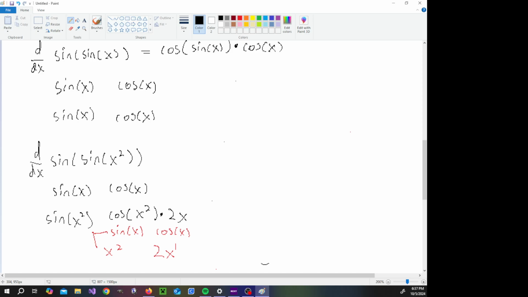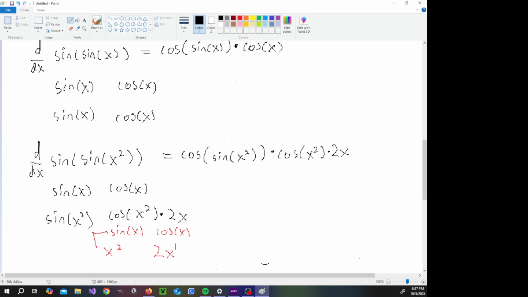So now with all of these pieces, we go back to the original and say derivative of the outside was our cosine, and then we put the original back in, and then multiply by the derivative of the inside, cosine of x squared times 2x. Very good. These are three functions all composed together. And this is also an instance where we unavoidably have to use the chain rule.